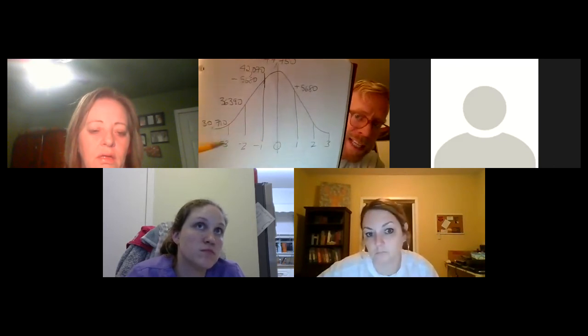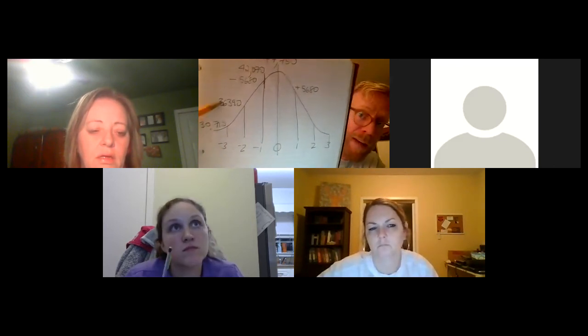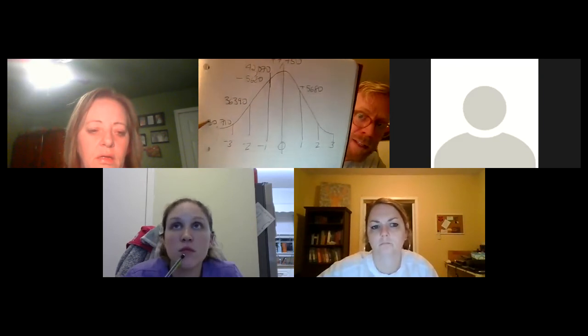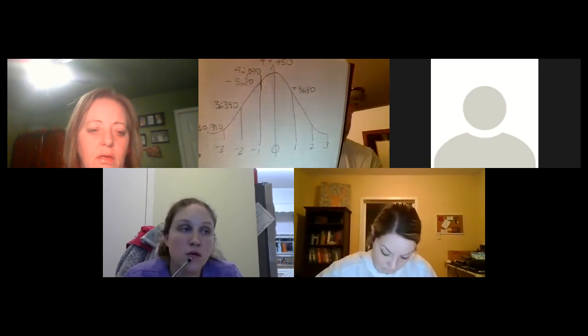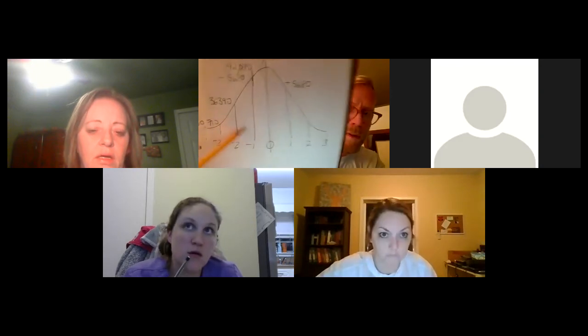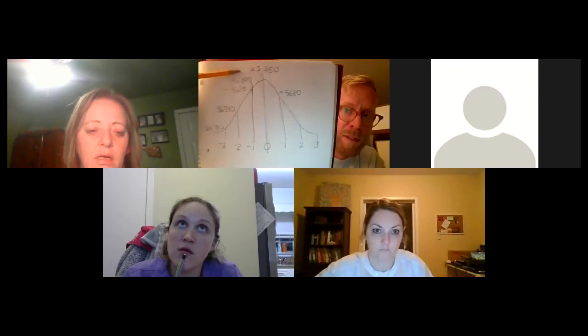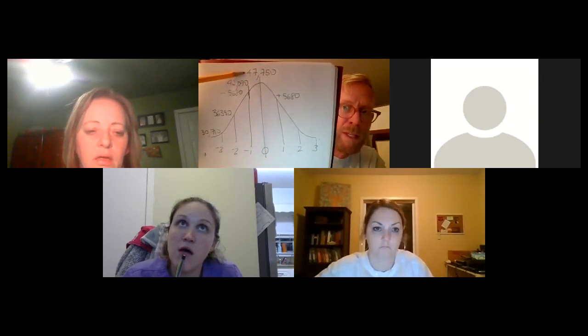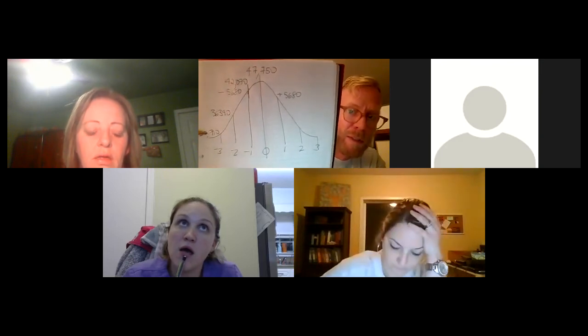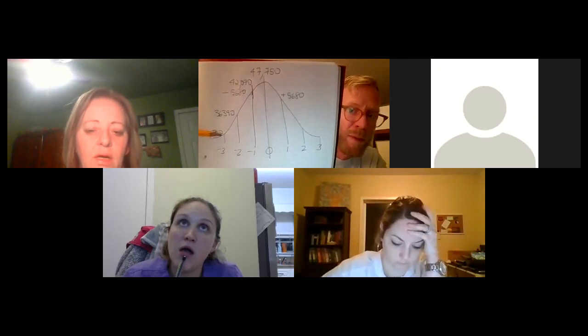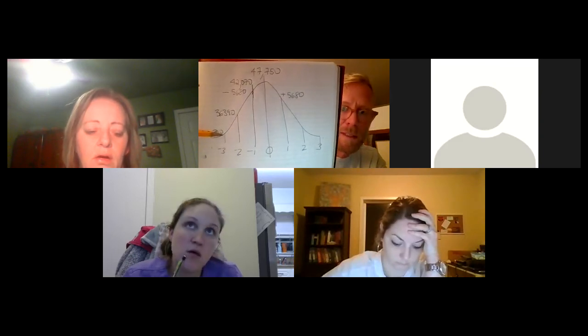Three standard deviations, I subtract again and get 30,710. These are z-scores: one, two, and three standard deviations, and they're negative because I'm subtracting. And here are the values that correspond to the problem we're working on, 47,750 and these three values. Notice all I'm doing is subtracting this number repeatedly, one time, two times, and three times. Does that make sense?